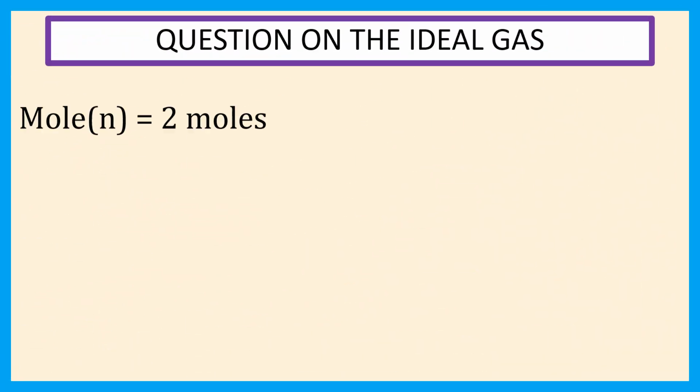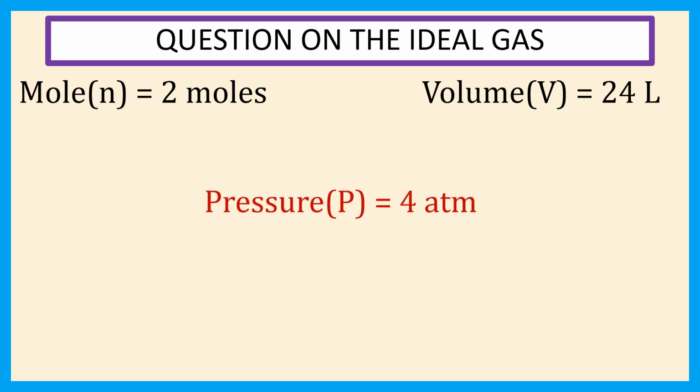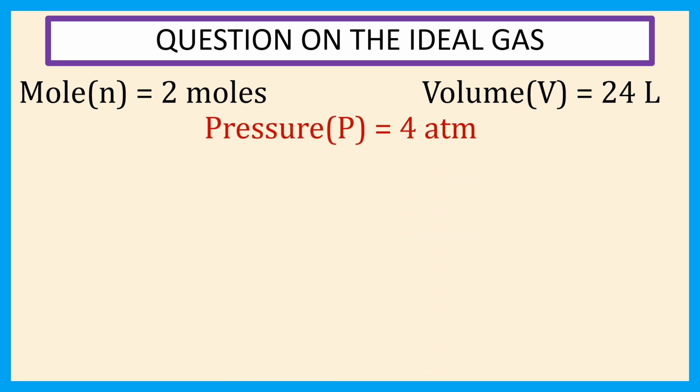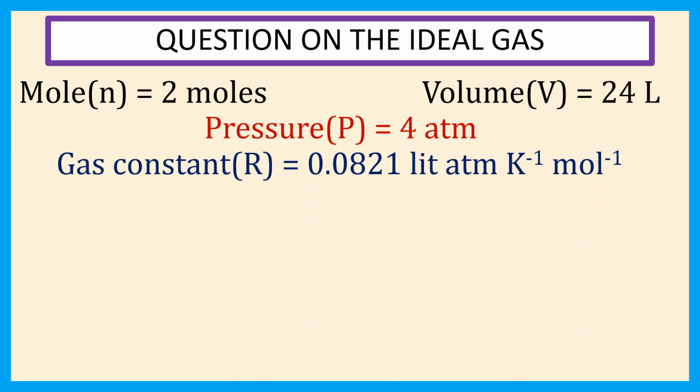Here given mole n is equal to 2 moles, volume V is equal to 24 liters, pressure P is equal to 4 atmosphere. We know that gas constant R is equal to 0.0821 liter atmosphere K inverse mole inverse.